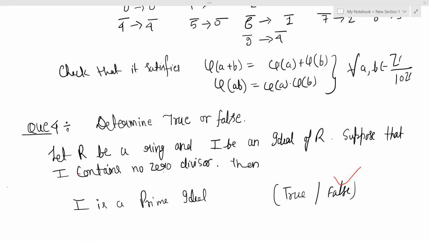I gave you the idea, right? You can think in the ring of integers. What are the ideals which are not prime ideals? Because every ideal here does not contain a zero divisor, right? Because there is no zero divisor in the ring of integers. So give me an ideal which is not a prime ideal in the ring of integers. Why does no one want to respond?